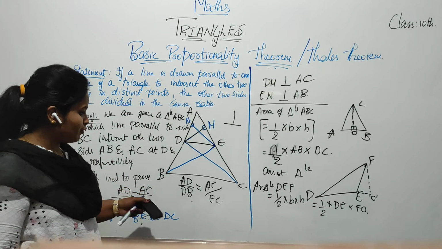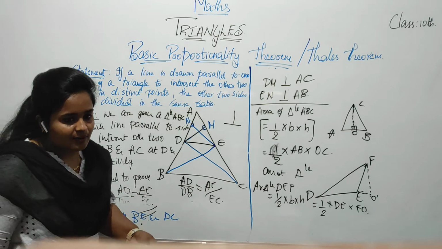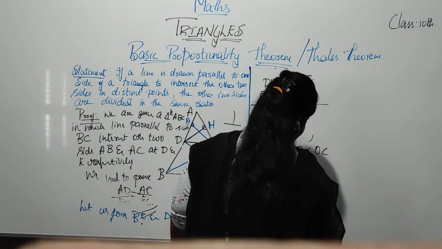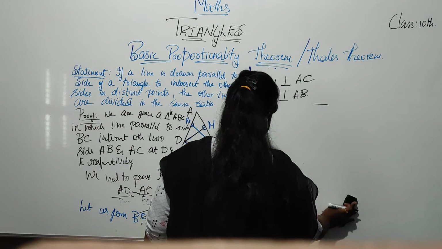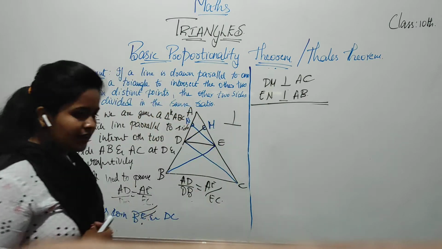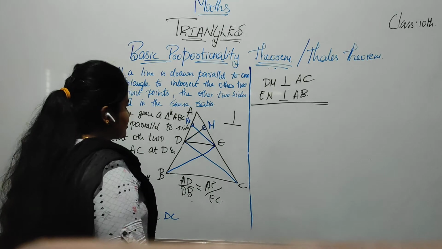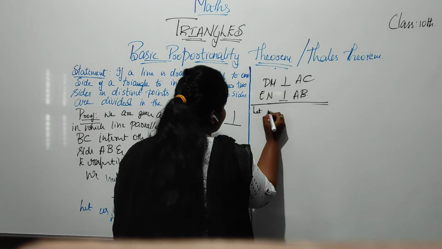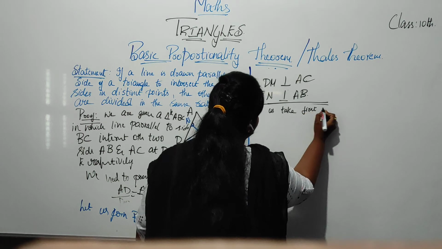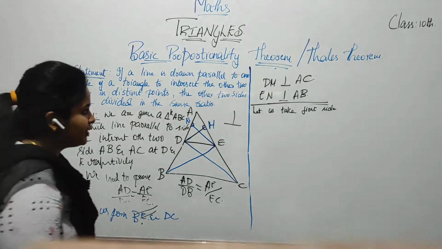Since we have to prove AD by DB equals AE by EC, let us take the first side AD.